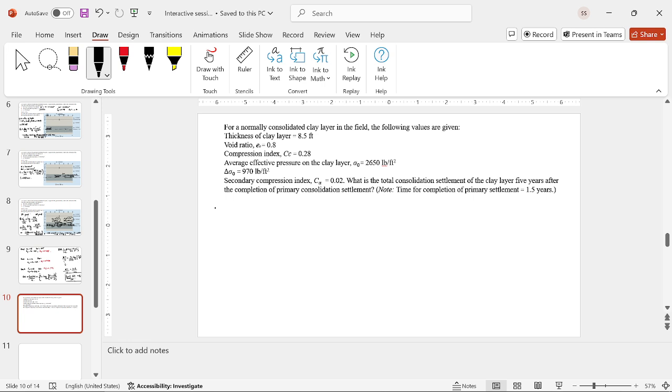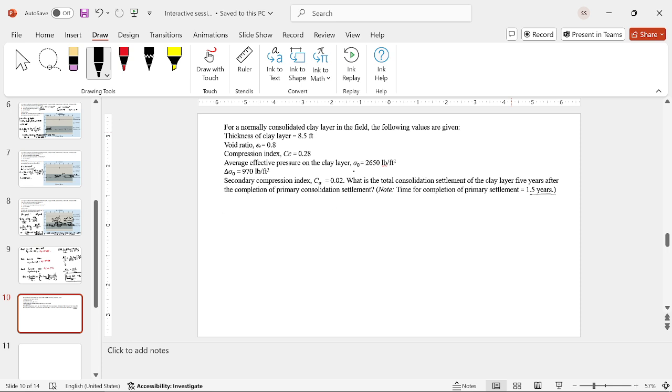So the primary consolidation settlement will be, see, this is not how we will do it because we have been given the time here. Okay.